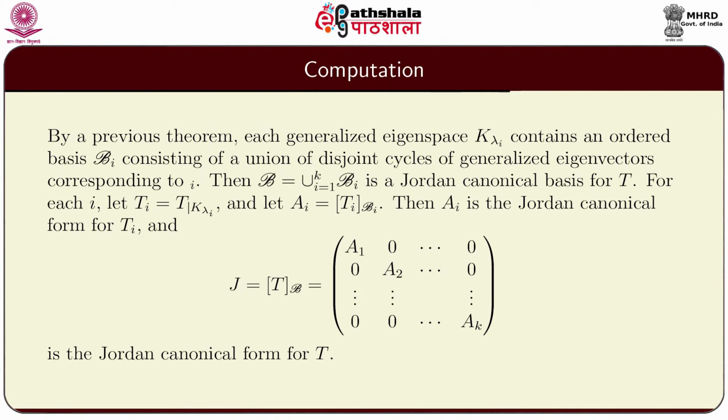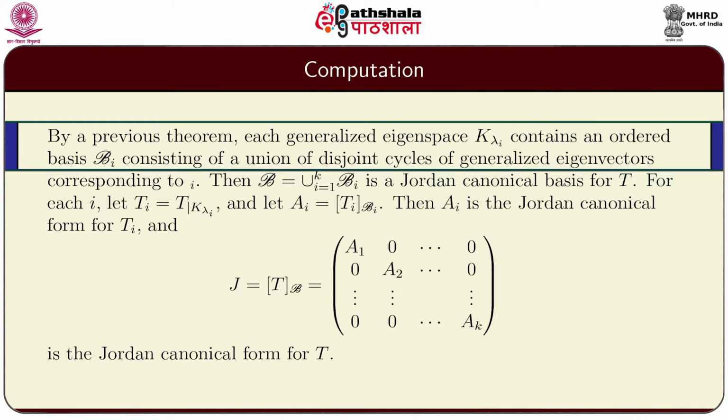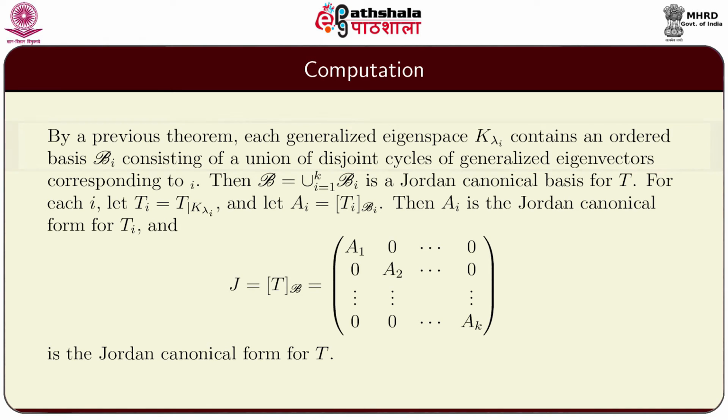Let us see. By a previous theorem, each generalized eigenspace K_λi contains an ordered basis B_i consisting of a union of disjoint cycles of generalized eigenvectors corresponding to the eigenvalue λ_i.